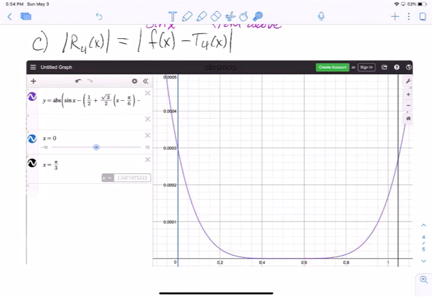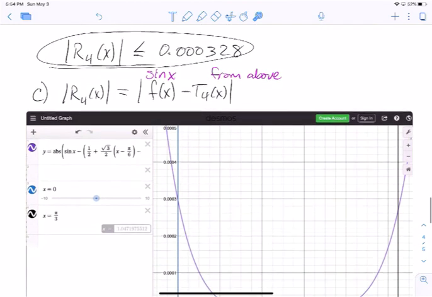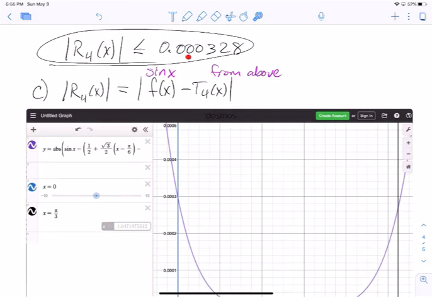But Taylor's inequality gives us the maximum error. And as we can see here, we had computed 0.000328. So 0.000328-ish, sure, I buy that.